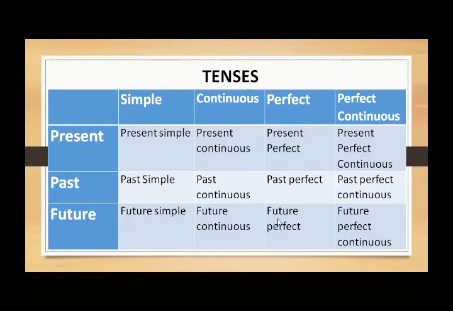They are simple present or present indefinite, simple past or past indefinite, simple future or future indefinite, present continuous, past continuous, future continuous, present perfect, past perfect, future perfect, present perfect continuous, past perfect continuous, and future perfect continuous tense. Now let's discuss each tense one by one.